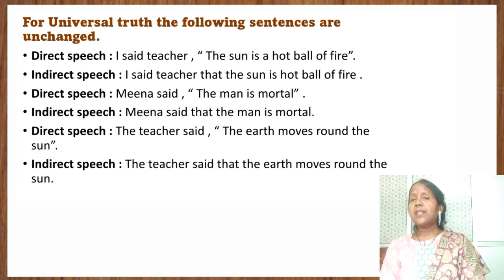Direct speech: Meena said, the man is mortal. Indirect speech: Meena said that the man is mortal. Direct speech: The teacher said, the earth moves round the sun. Indirect speech: The teacher said that the earth moves round the sun.